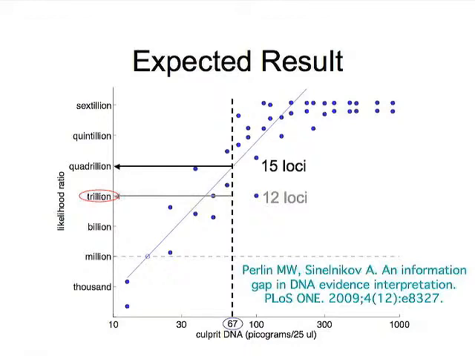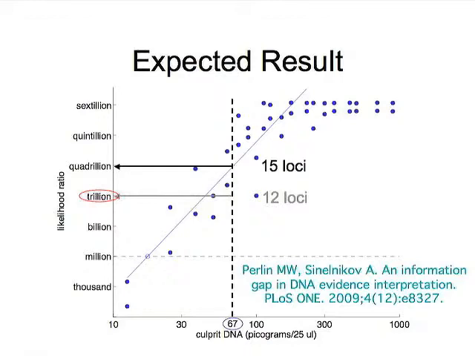For the cases that had more than 100 picograms, they're analyzed 4 different ways. This way was assuming the victim and solving for the one unknown using quantitative interpretation. I'll show you later what qualitative human review does.